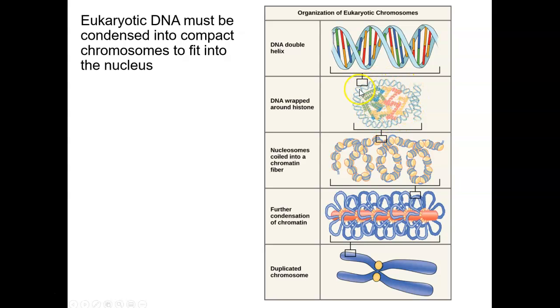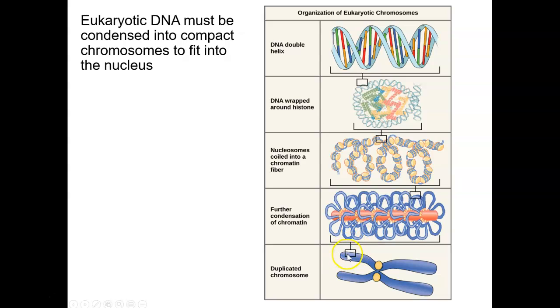So this is one DNA wrapped histone, and each one of these is a histone. We have to take these histones in their string and coil those into nucleosomes in order to get them to fit in. Then there's further condensation once we get into the duplicated chromosome.